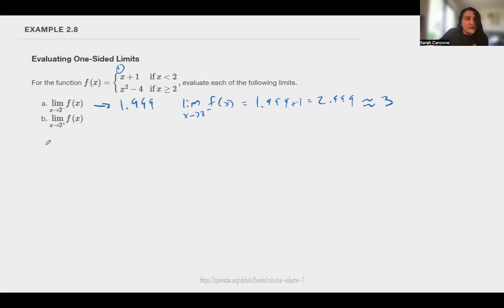So for 2 from the right, maybe I'll choose 2.001. We'll stick with three decimal places. So 2.001, we'll decide where that falls. That is slightly greater than 2, so that goes into the second equation. So 2.001 squared minus 4.